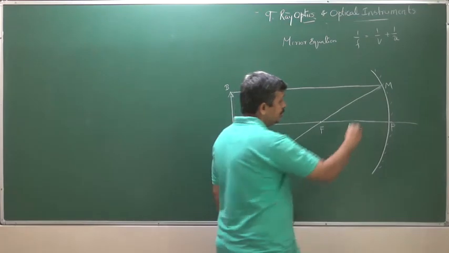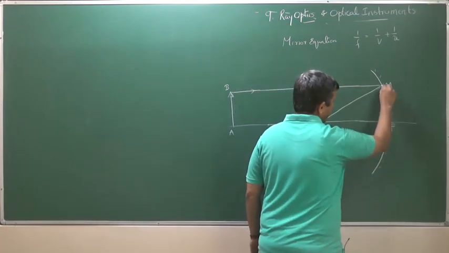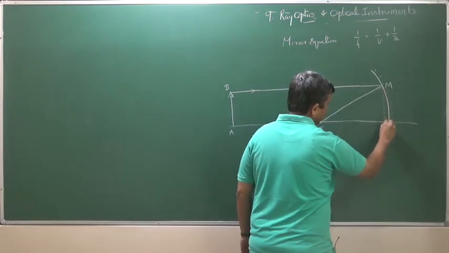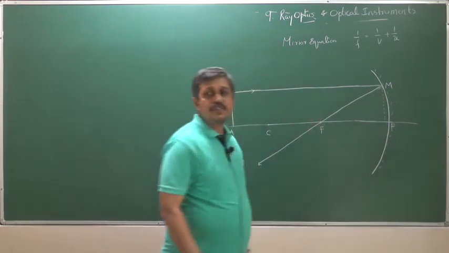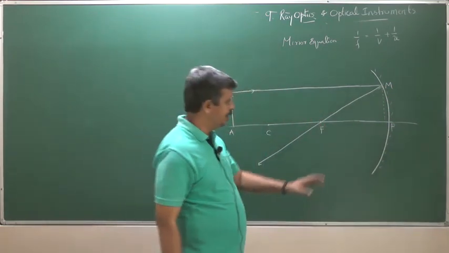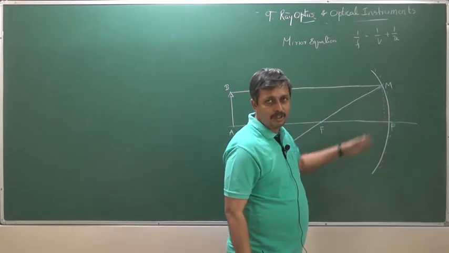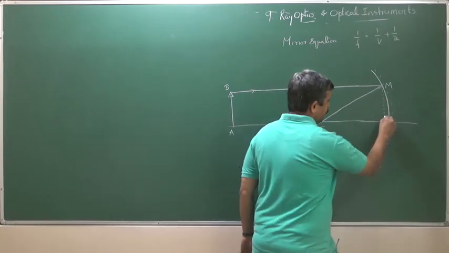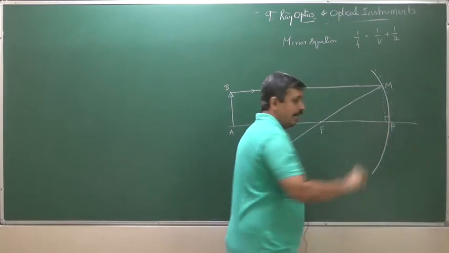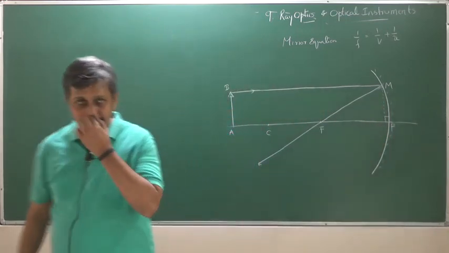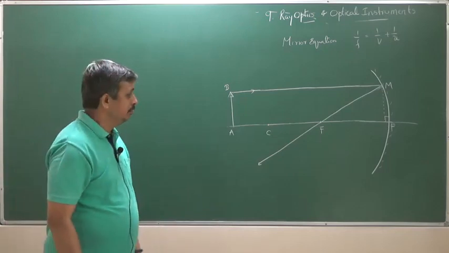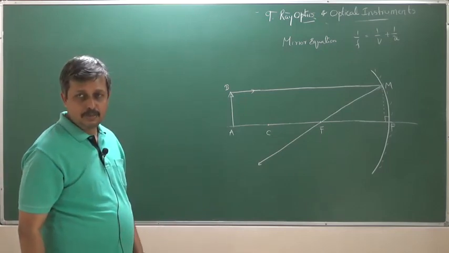Hence, this MP and this line, these two are, according to me, the same. When you go very near to this, it becomes as good as a perpendicular line. So I will call this a perpendicular straight line, and I will just assume it to be a triangle. That is one assumption.